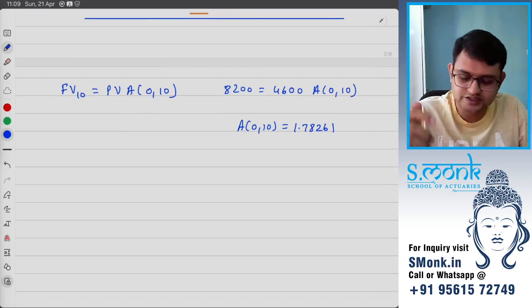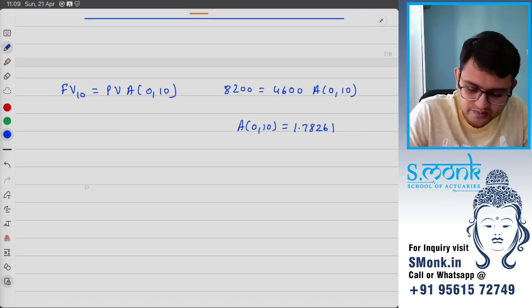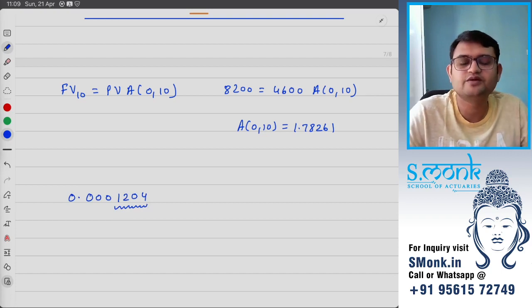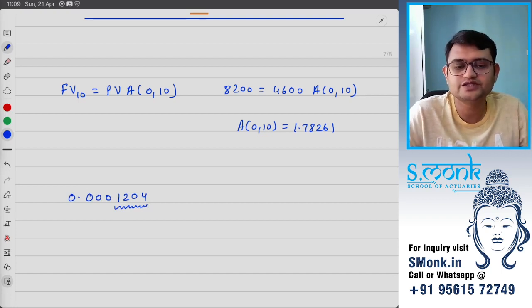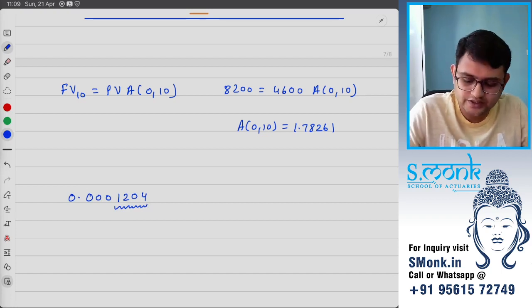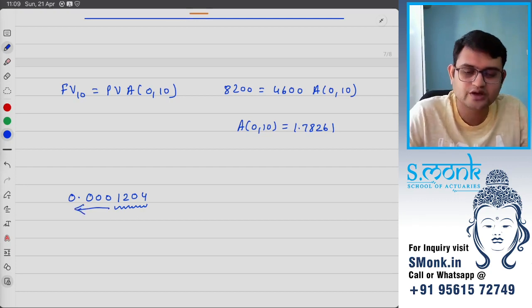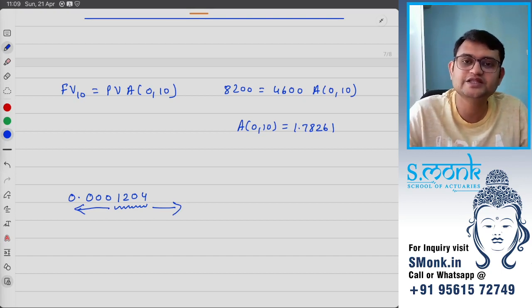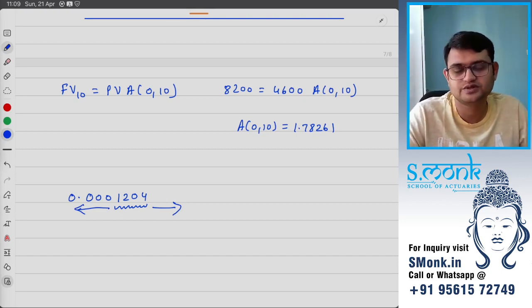When I say 6 significant numbers, what does significant numbers mean? So if I have a number like this, then I'll say the significant numbers are only 4 here, that is 1, 2, 0 and 4. The zeros before or zeros after the last number does not make any difference in the value of that number.